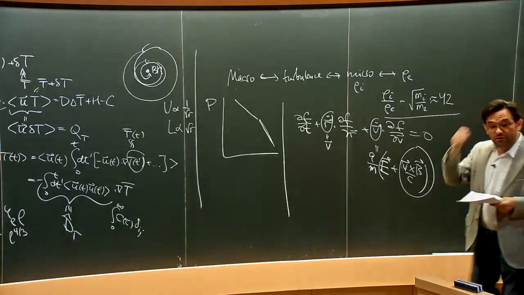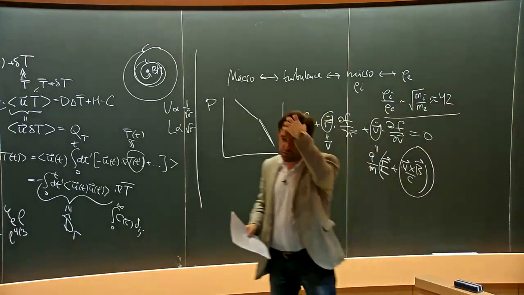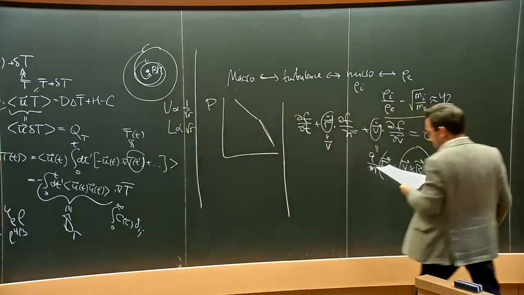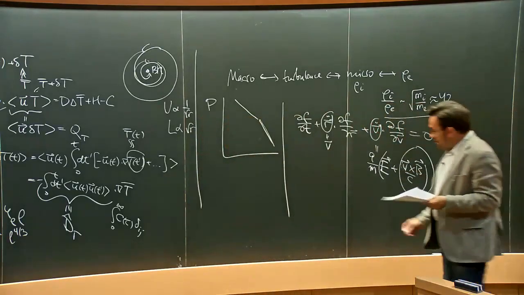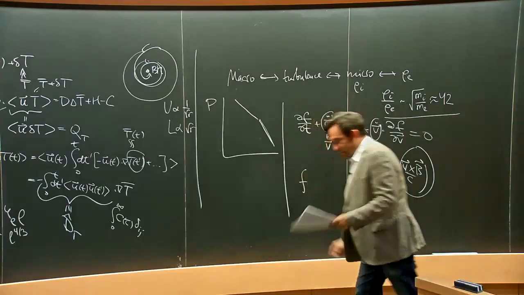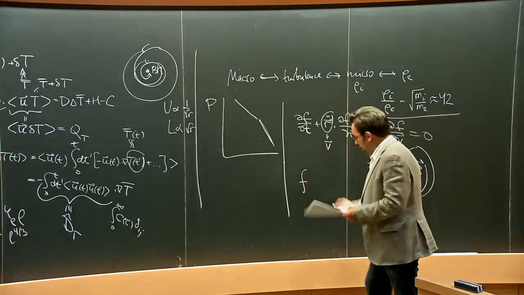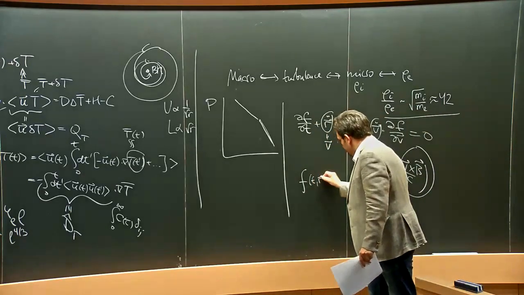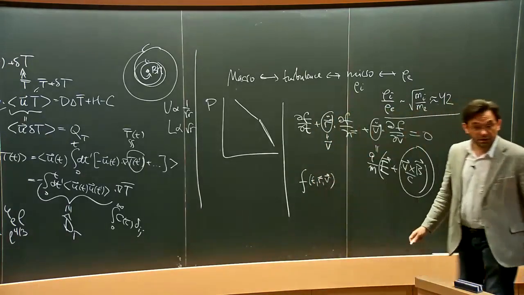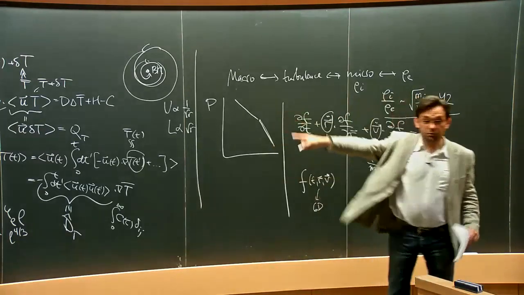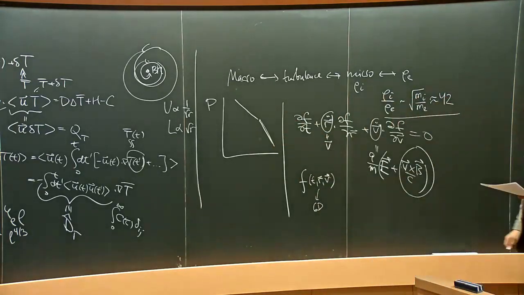All the calculations I do in this talk are actually always the same calculation. I thought that was pedagogically well advised. So let me say that f, the distribution function, is now a function of time, space, and velocity. So we have now gone into 6D phase space from what was previously a three-dimensional configuration space.